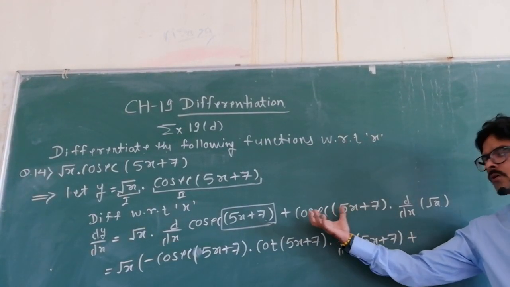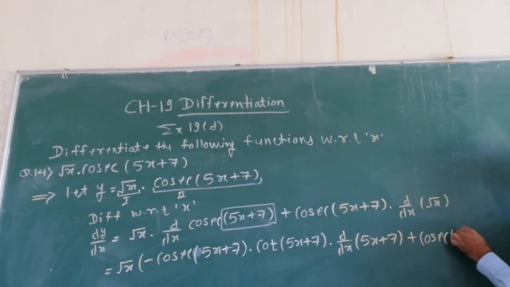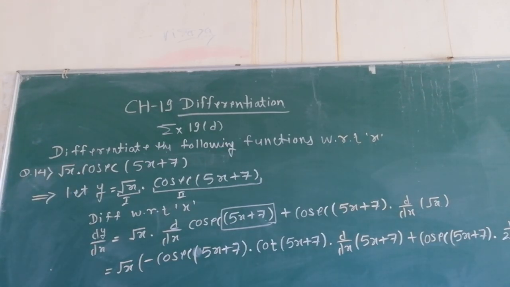On the second term I will write cosec of this bracket, which is 5x plus 7, into the derivative of root x. As we know, the derivative of root x is 1 upon 2 root x.